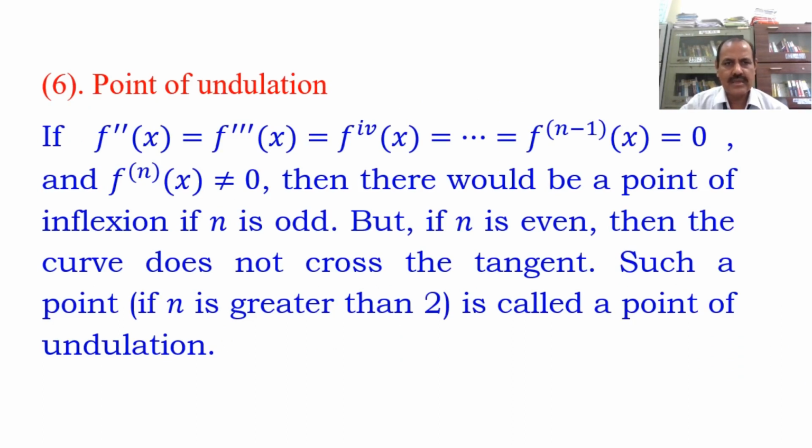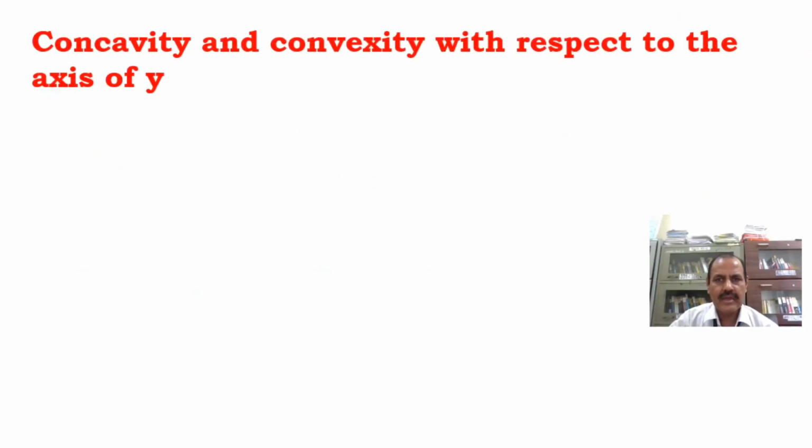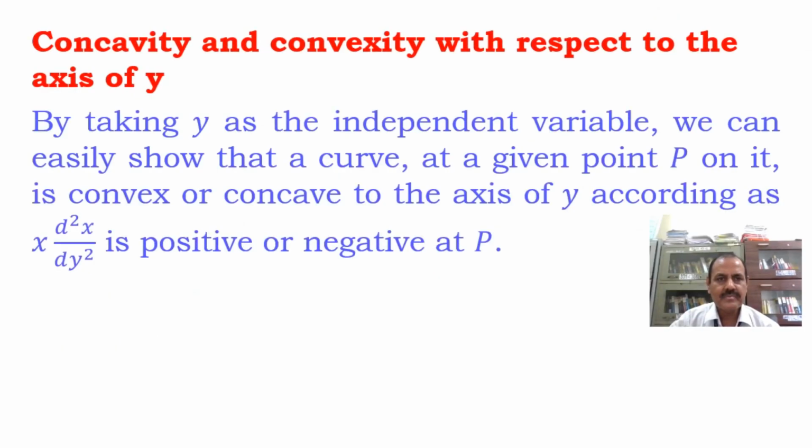If the second derivative, third derivative, fourth derivative up to the (n minus 1)th derivative are equal to 0 but the nth derivative is not equal to 0, then there would be a point of inflection if n is odd. But if n is even, then the curve does not cross the tangent. Such a point, if n is greater than 2, is called the point of undulation.